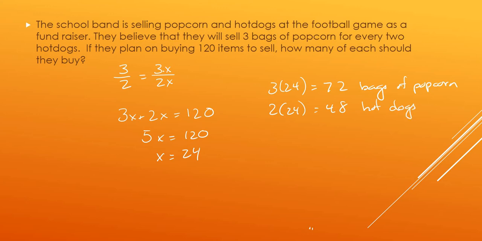So we can see that our ratio of 3 to 2 is equivalent to our ratio of 72 to 48, but 72 and 48 are the ones that give us our 120. So that's one way to use a ratio.